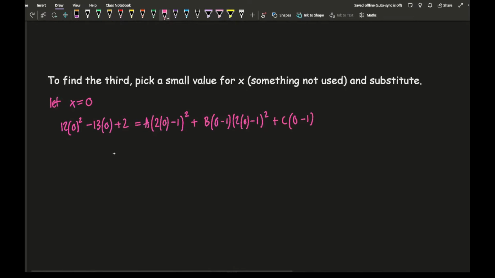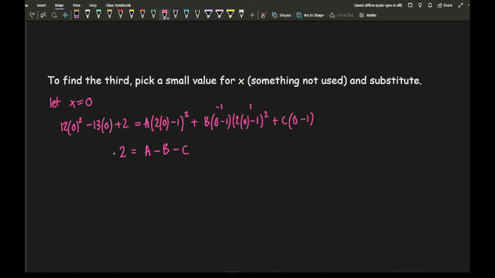So then simplifying all of this, I get 2 equals, and then I've got 2 times 0, which is 0, take minus 1 from minus 1 squared, just going to give me a, plus this is going to give me minus 1, that's going to give me positive 1, and so that's going to give me minus b, and this is going to give me minus c. So I've got a minus b minus c.